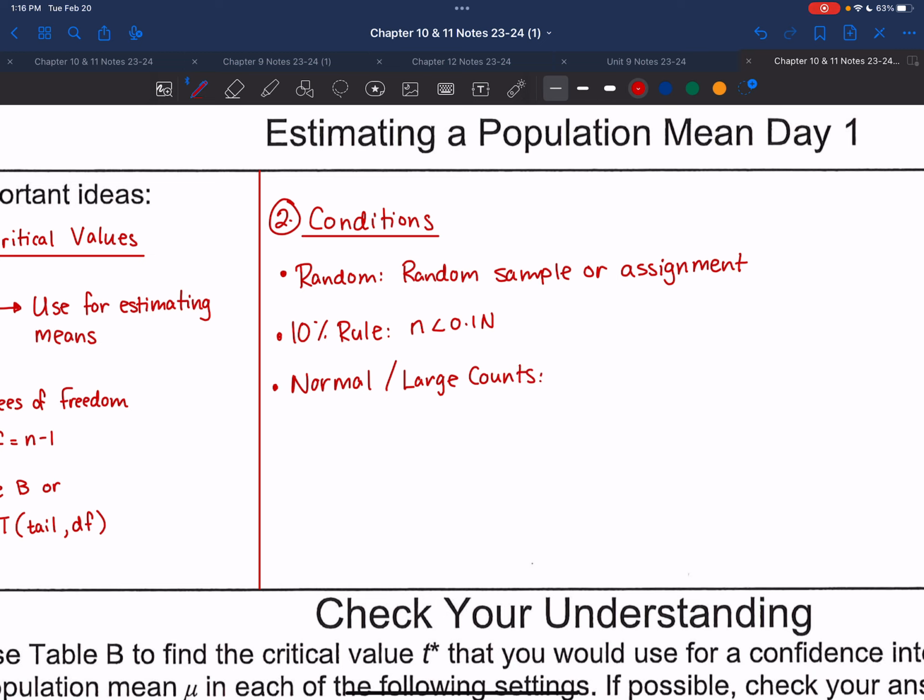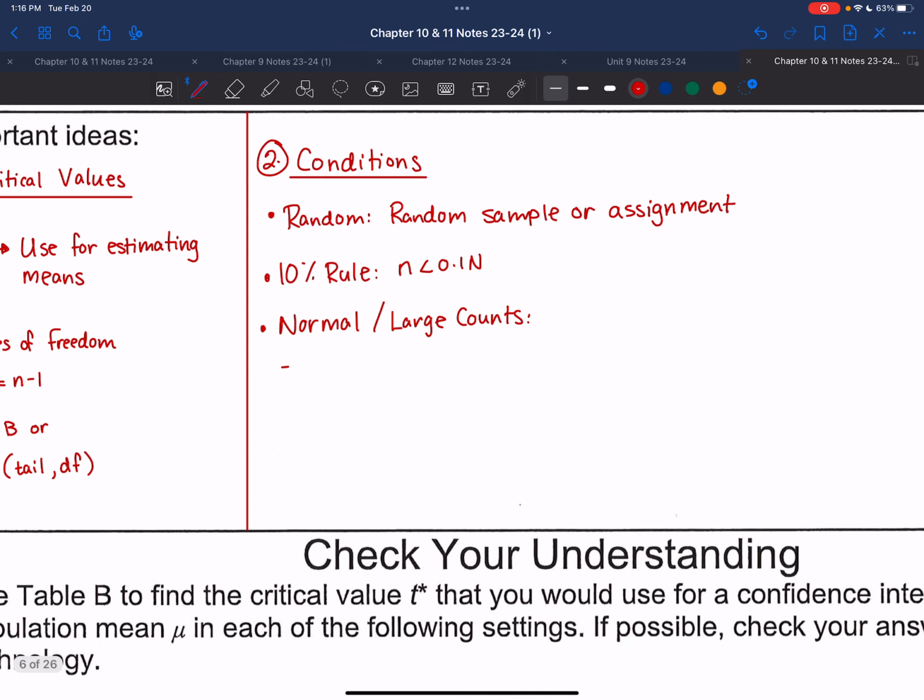When you're doing the normal or large counts, there's one of 3 ways you can do it. You can show that the population distribution is approximately normal. It might say this in the problem itself, that this data comes from a normally distributed population. If it says that, all you have to do is state the population distribution is approximately normal.